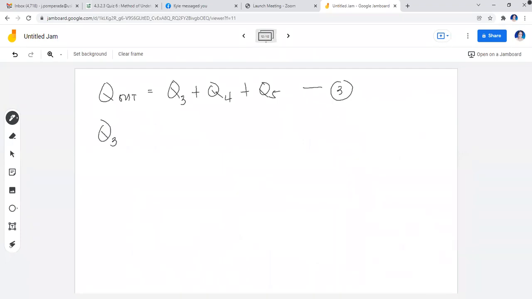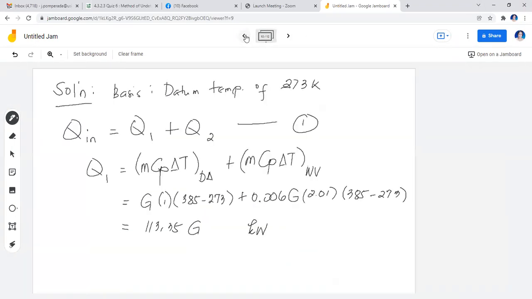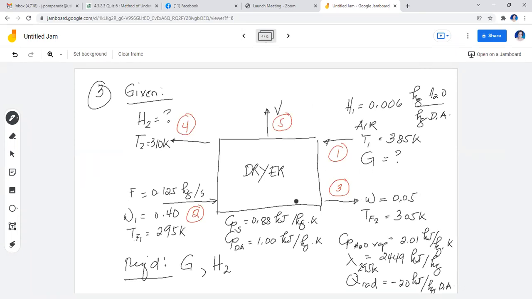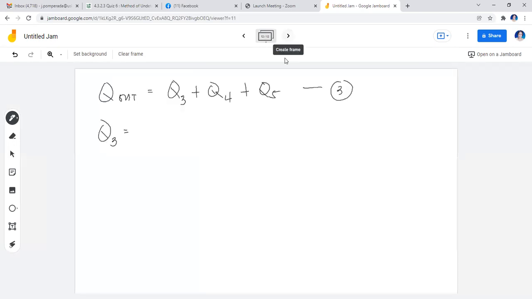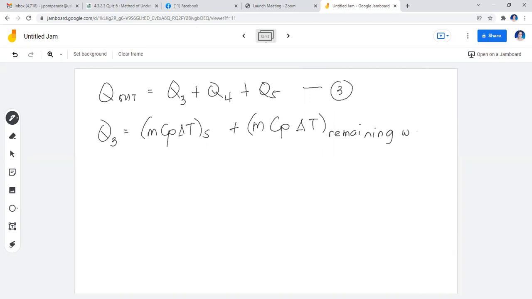The first thing that I'll have here is Q3. So Q3 is the energy of the dried feed. So your dried feed, of course it still has water on it, will be having what? The MCP delta T as well of the dry solids plus MCP delta T of, I'd like to place here, remaining water.